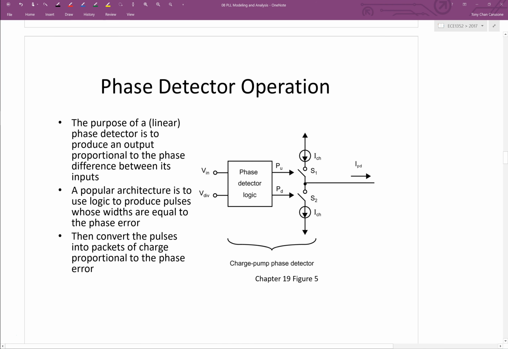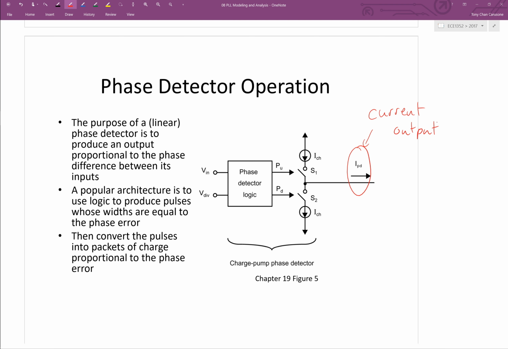So here's a popular implementation of a phase detector. It's called a charge pump phase detector. So remember, the goal here is to produce some output quantity, in this case, current, that's proportional to the phase difference between its inputs.